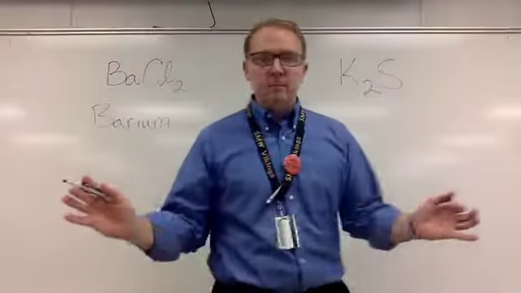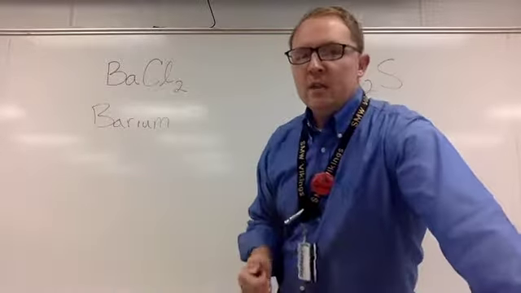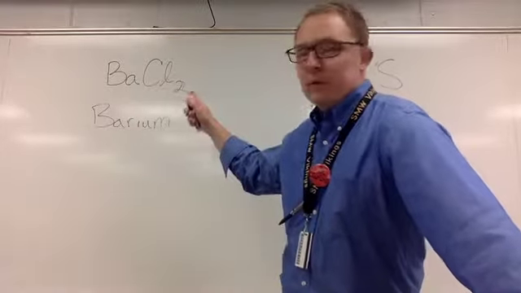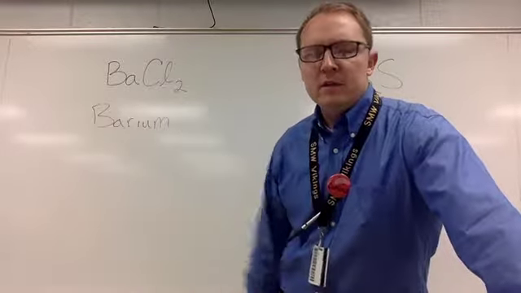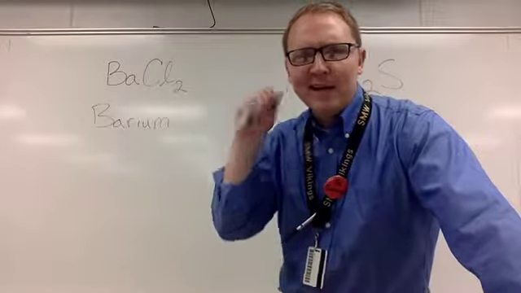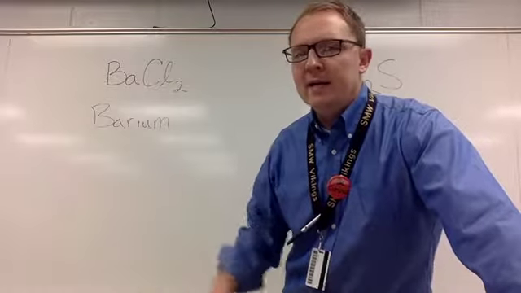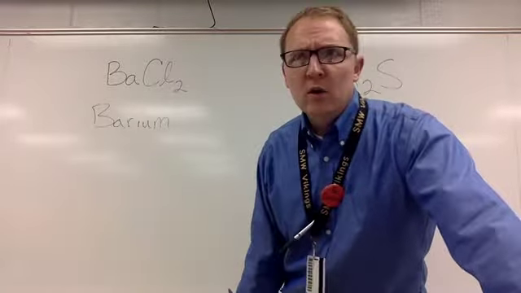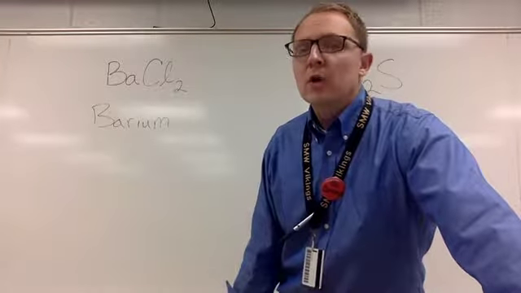Okay, that's it. We like rule number one because it's relatively simple. Rule number two is we take the name of the nonmetal. This one over here is chlorine, okay? But we change the end of it to an IDE ending. We talked about the other day your chemistry ear kind of kicking in. How do we take chlorine and turn it into something with an IDE ending? Some people will say chlorinide or chloride.